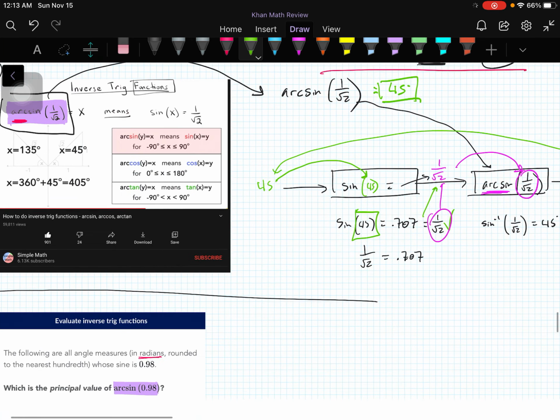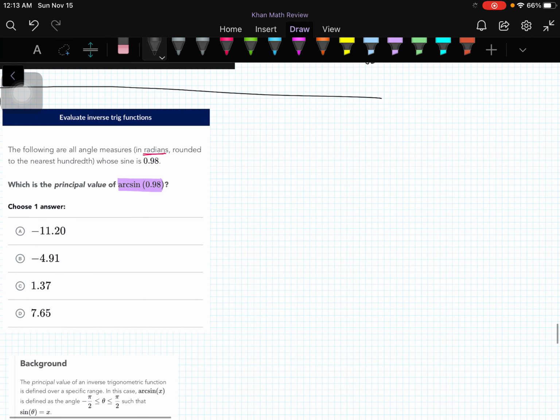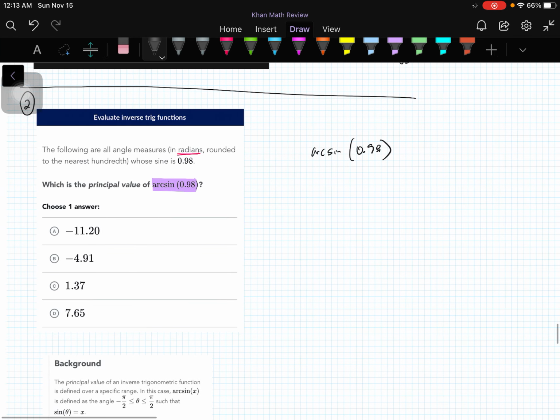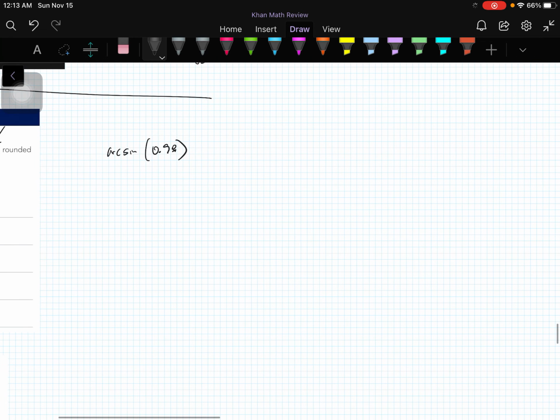All right. Now let's do this one from Khan Academy. He wants to know what arcsine 0.98 is. First thing you need to do is look at radians right here. So we're going to go to the calculator, mode, radian. All right. So same process, guys. We do the boxes because we have an inverse function.